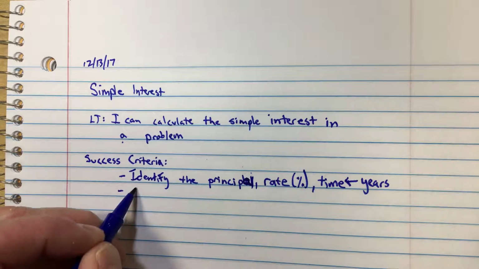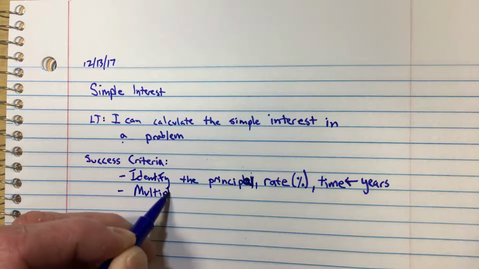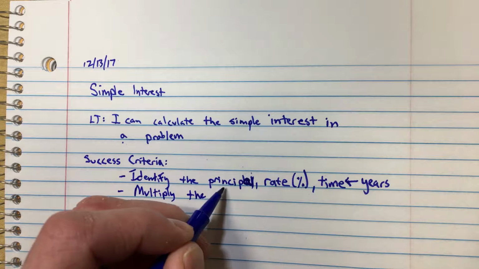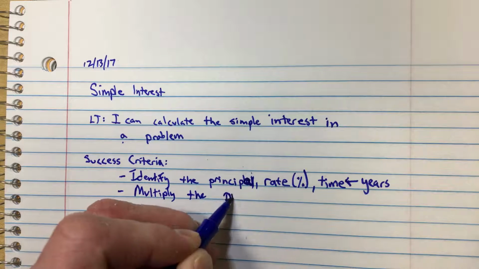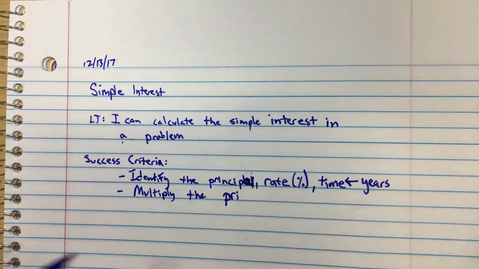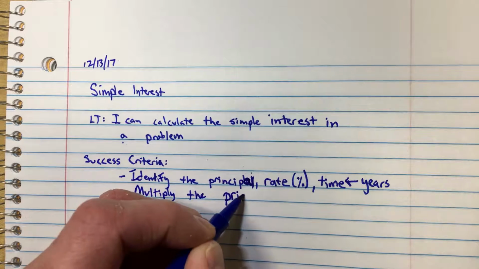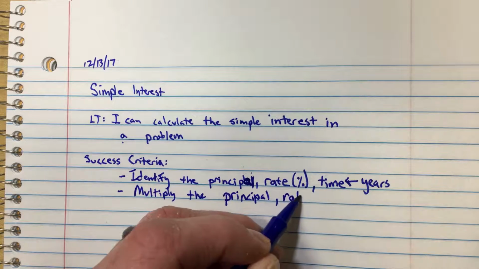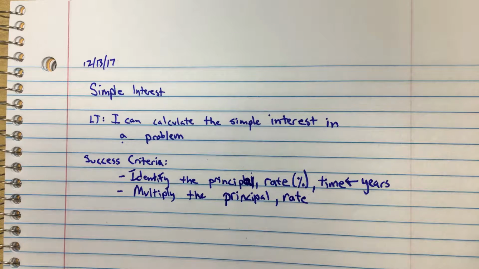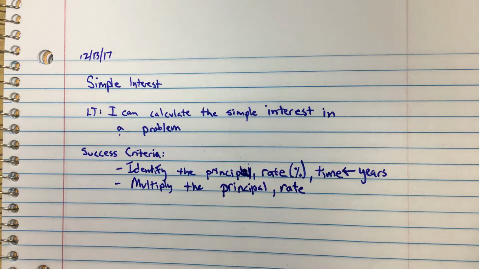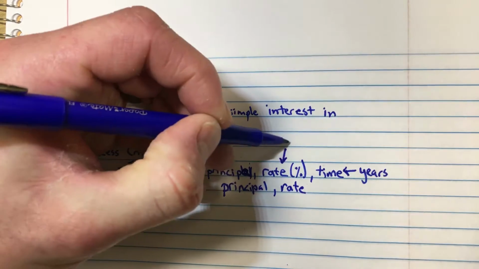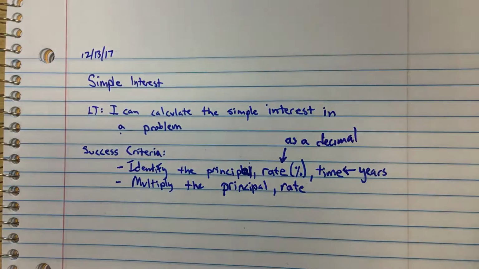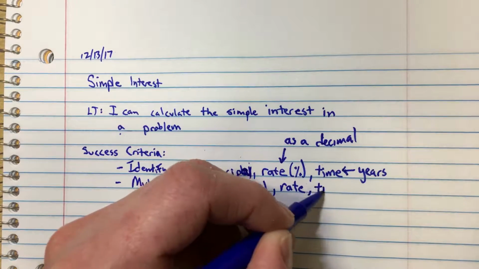The second thing we're going to do is multiply the principal, we use a P for the letter, so later on you're going to see a P, principal, times R, the rate, and it's always your percentage as a decimal. And then you're going to multiply that by your time.